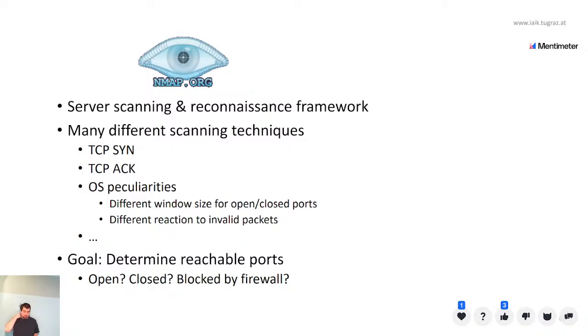At least in most operating systems, if you send an ACK packet to a closed port, you're going to get a reset from the target, so connection rejection. And if you send it to an open port, you're going to get no response because it's invalid, it just gets dropped. So the ACK scan lets you figure out if there is a firewall blocking it, or if the port is actually closed. Because if there's no firewall, then a closed port is going to produce a reset.